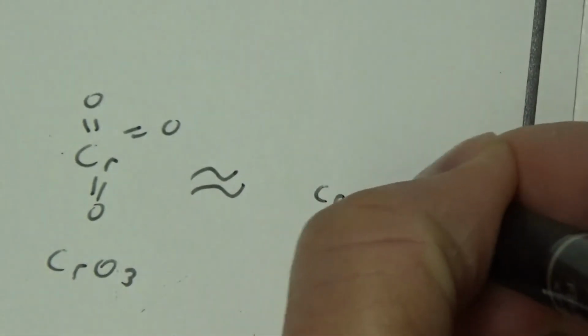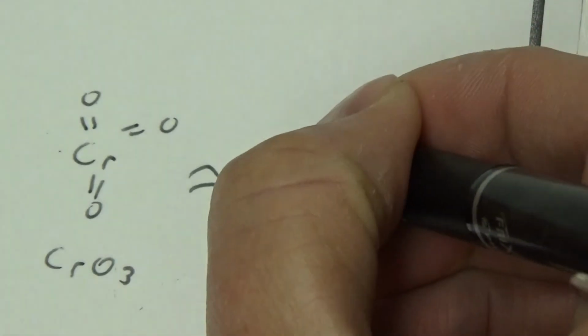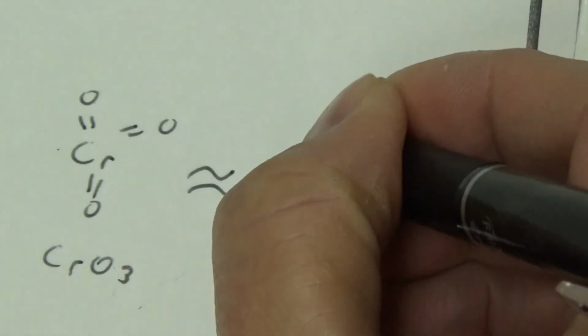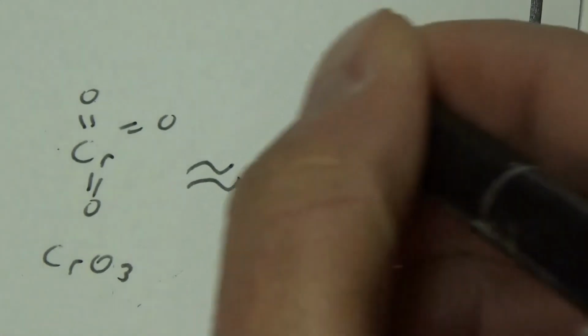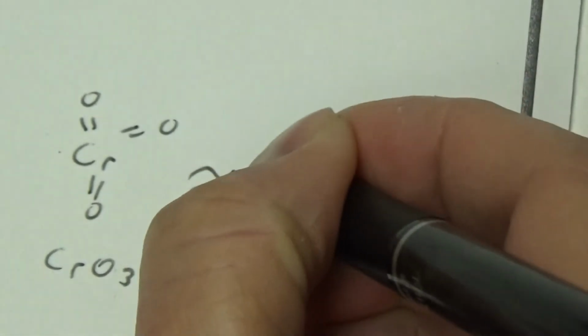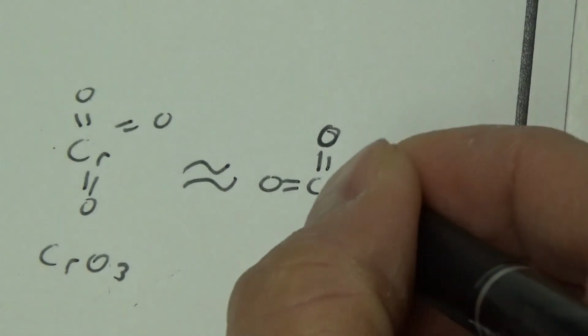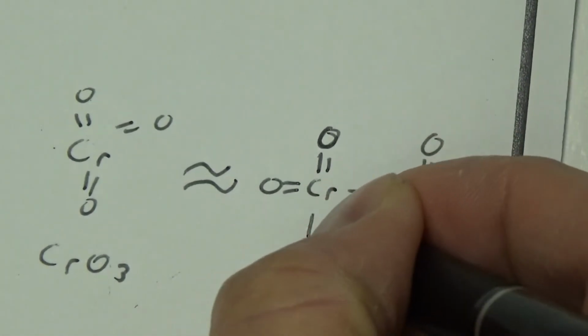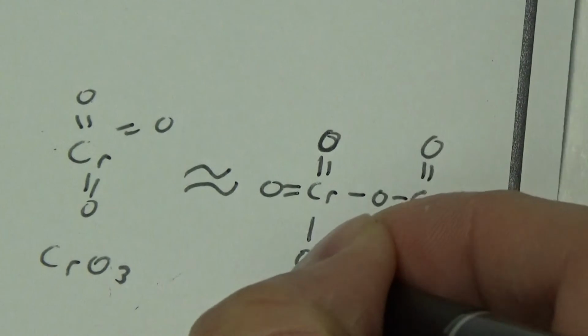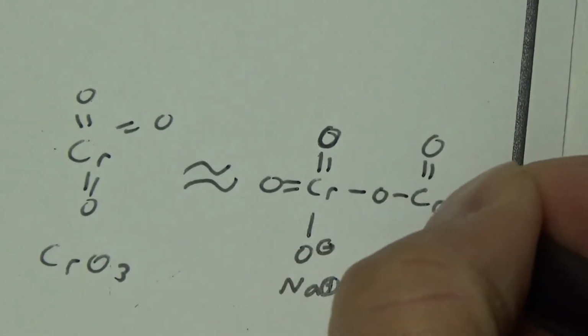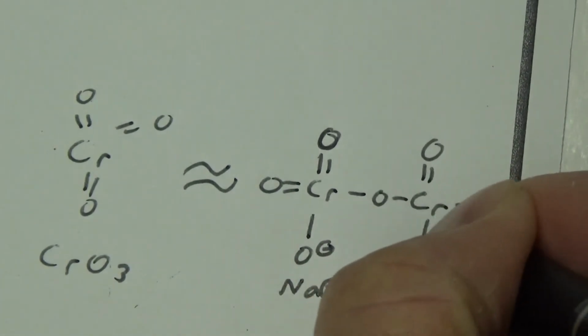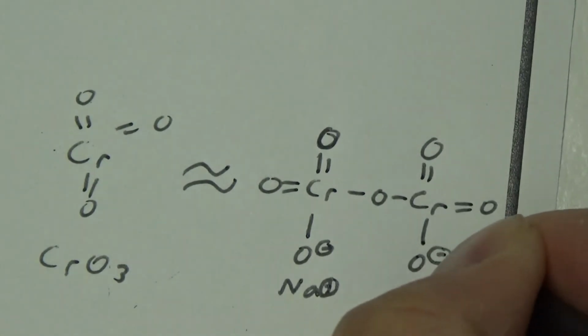I don't like drawing complicated things, but you gotta do that occasionally. So it's chromium, oxygen, chromium. Double bond O, double bond O, double bond O, double bond O, O minus Na plus, and then O minus Na plus. Okay?